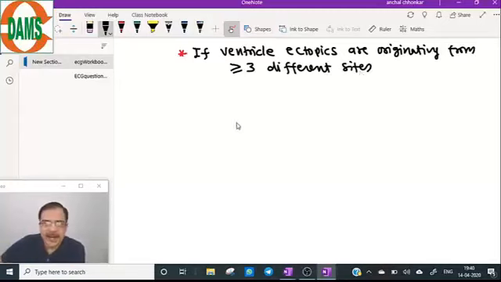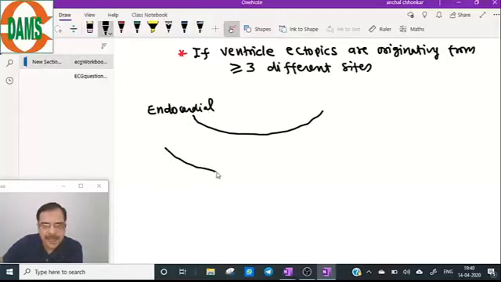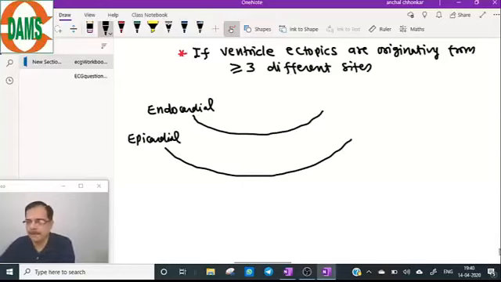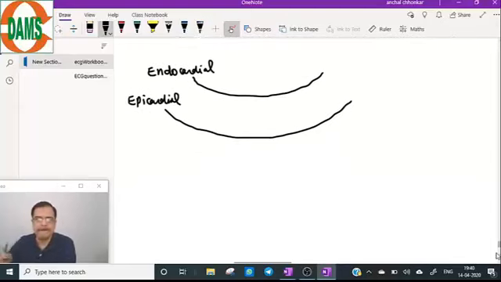So this is the endocardial side, and this is the epicardial side. This is a transverse section of the ventricle that I have taken.